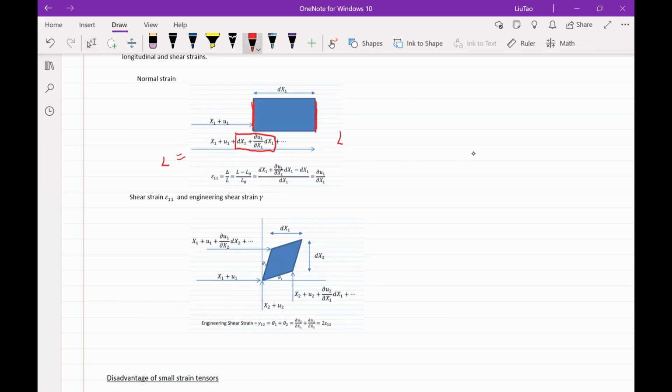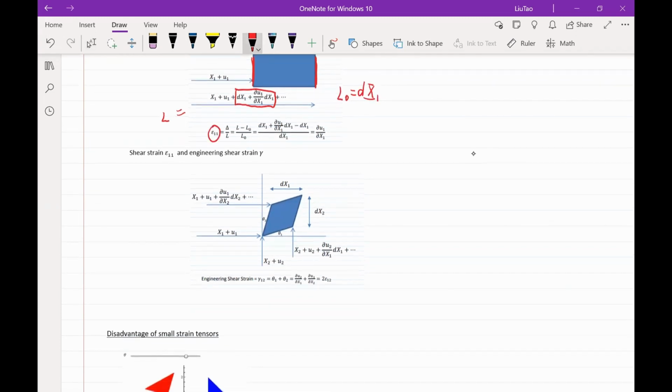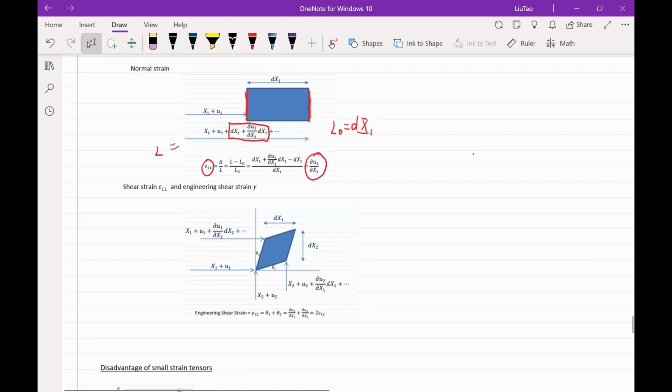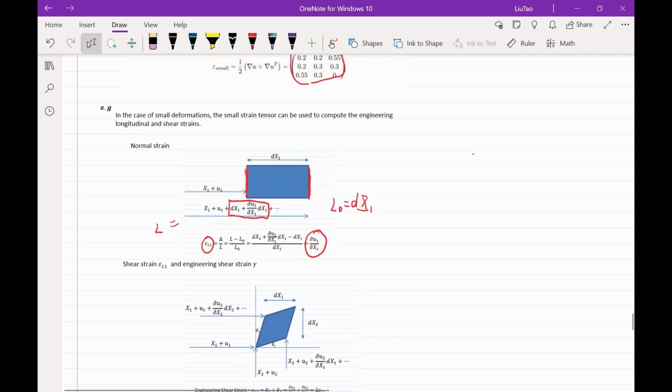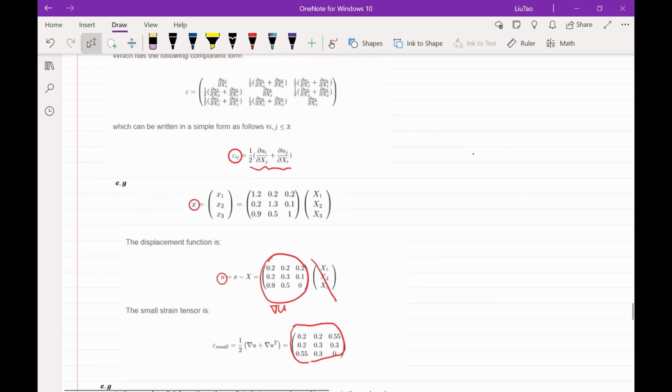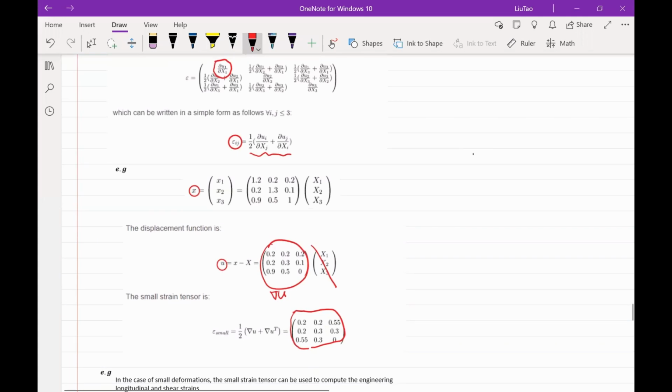And the original length is dx1. Then we can find epsilon 1,1, which is equal to L minus L0 divided by L0. So which is equal to partial u1 with respect to x1. And this is equal to the small strain tensor component, epsilon 1,1.